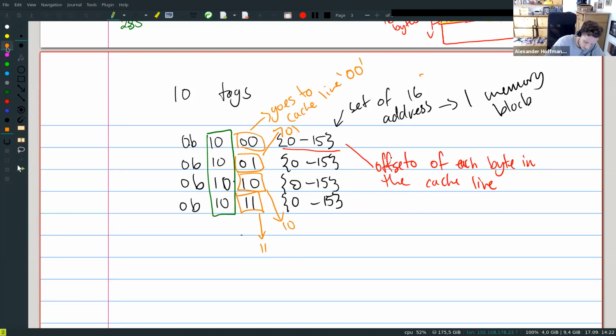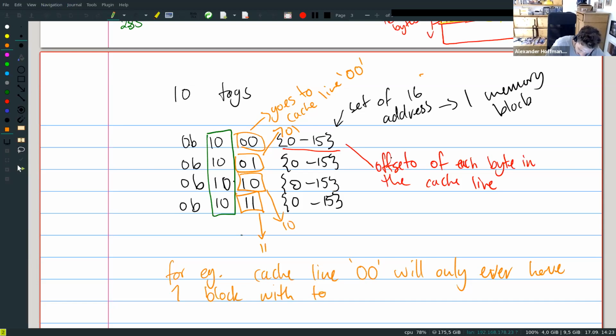So for example, cache line 00 will only ever have one block with tag 10, i.e. address 0B1000 and then the 0 to 15 bytes at the end.